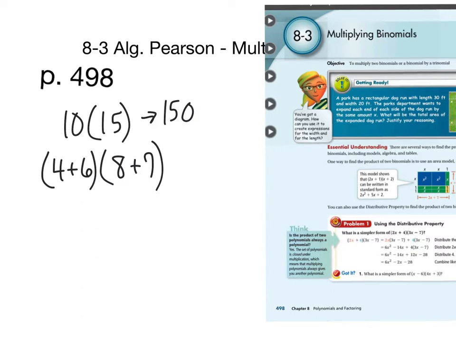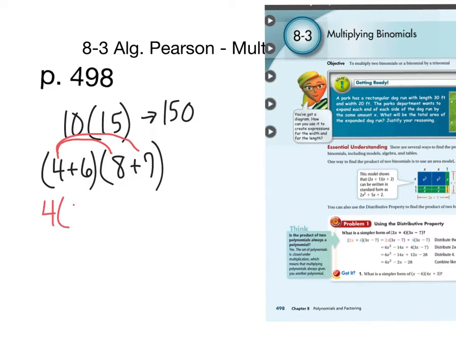You can pick different numbers if you want, as long as the numbers in the first binomial add up to 10 and the numbers in the second binomial add up to 15. And then I'm going to prove to you that what the book's doing actually works. One way of thinking about it, if you have a binomial times a binomial, is you can distribute, in this case, the 4 to both terms in the second set of parentheses.